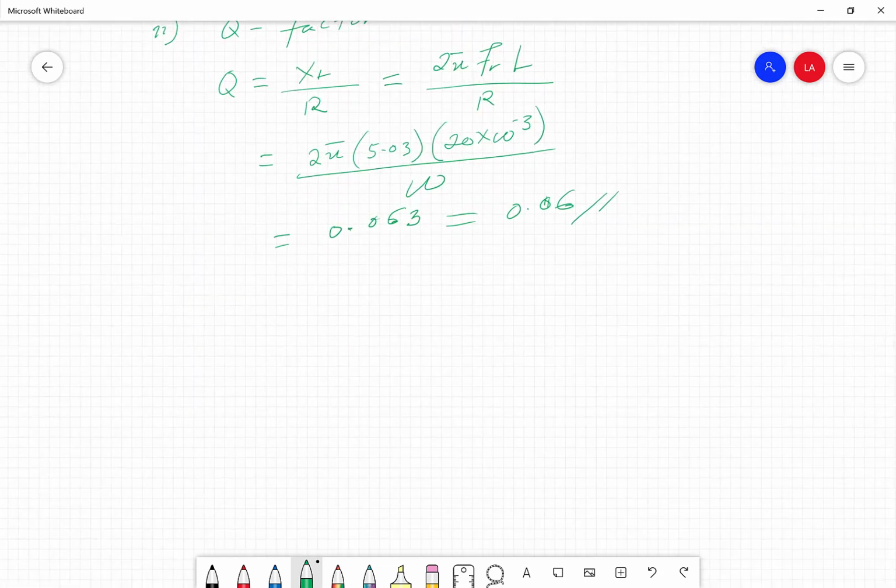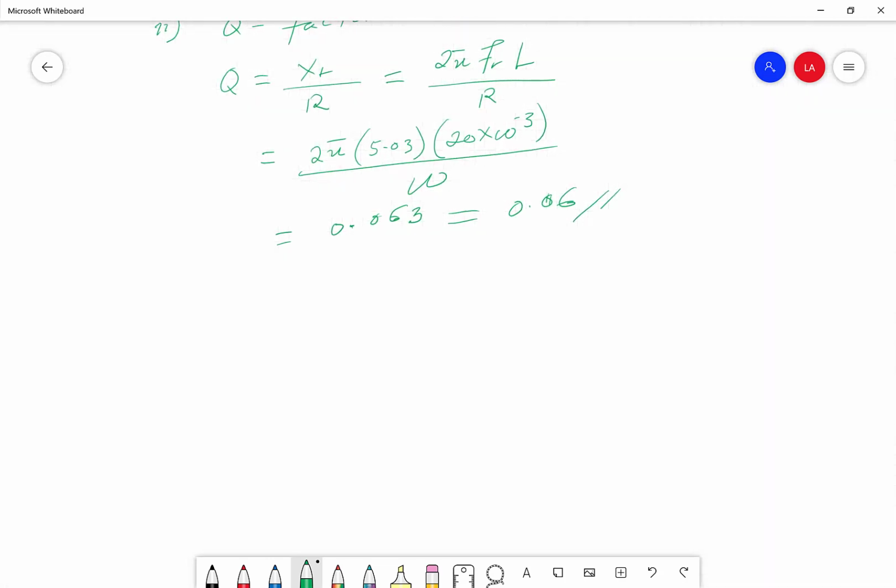Then the next question asks that we calculate the bandwidth. So to calculate bandwidth, the formula we know is Q equals FR divided by bandwidth.